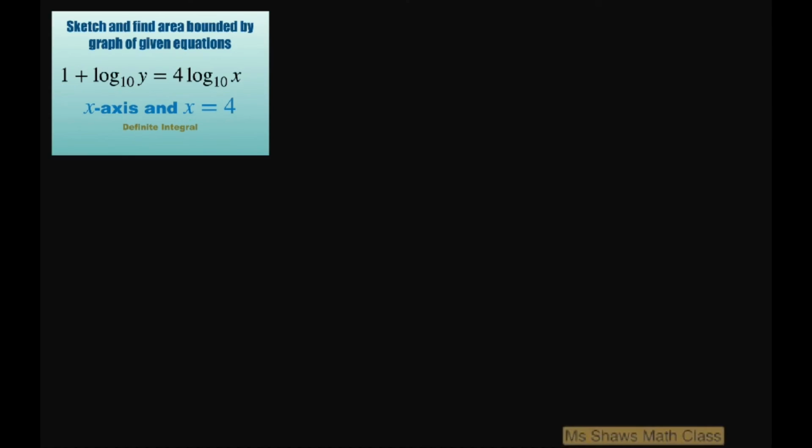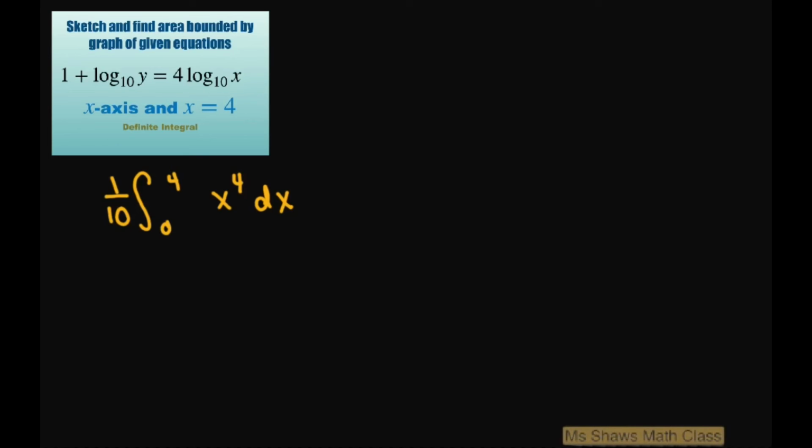So let's do that. I'm going to write it again. My integral is from 0 to 4, and I had the 1/10, so I'm going to pull it out front, and then x to the power of 4 dx.